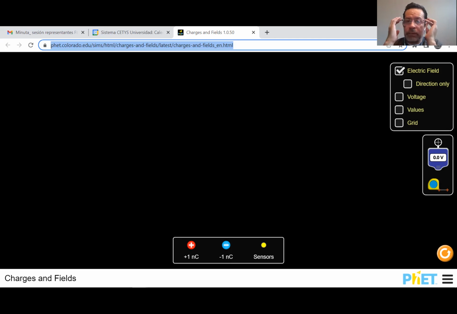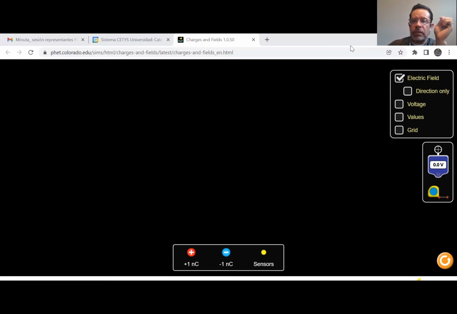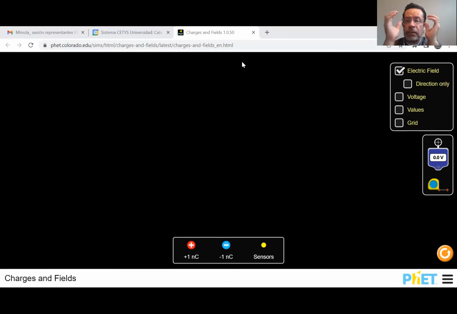The electrical field is going to be a representation or a magnitude that has to do with the electrical energy surrounding the electrical charge. And the interaction between an electrical field and another charged object is what generates the force or forces. So we're going to start using this simulator.